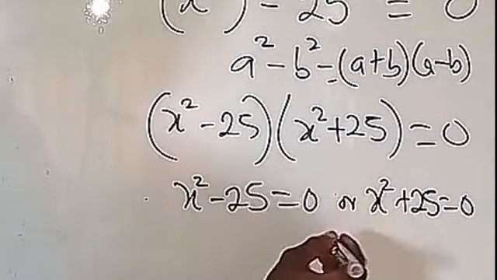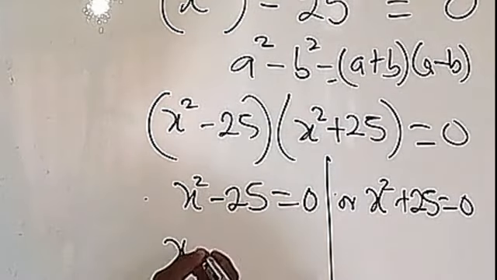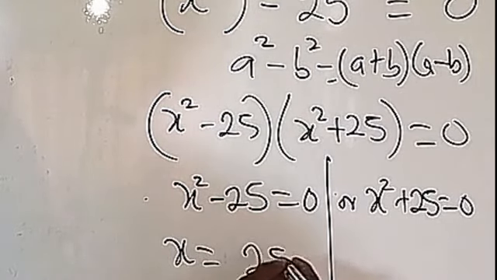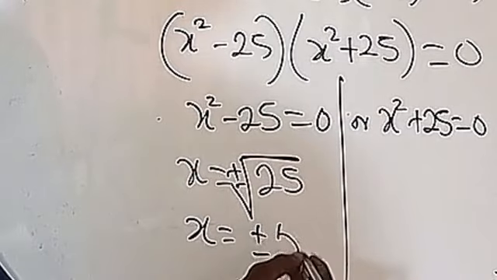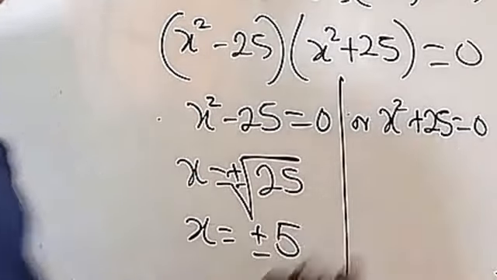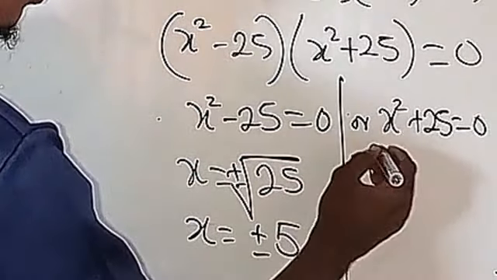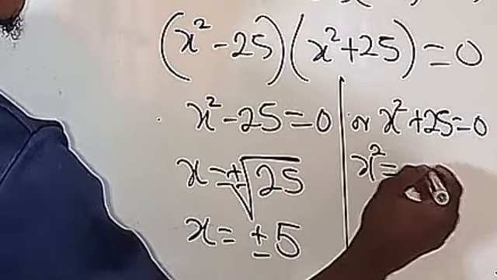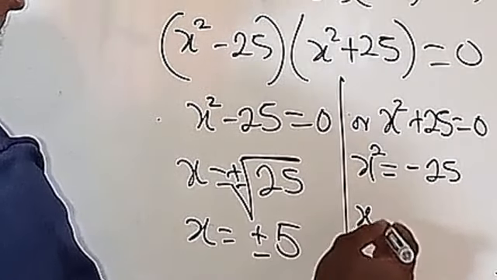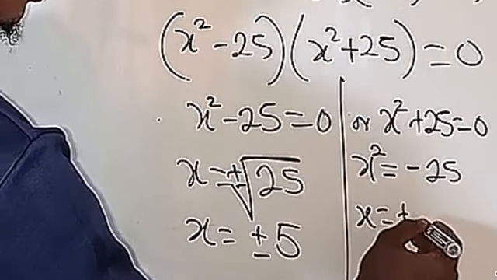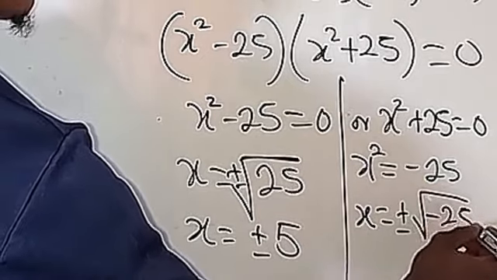Now let's pick each of these. If you transpose this to this side, we're going to have x squared equals 25, taking the square root, x is going to be plus or minus 5. Then let's look at this: x squared equals, we transpose this, minus 25. Taking the square root of both sides, x is plus or minus the square root of minus 25.